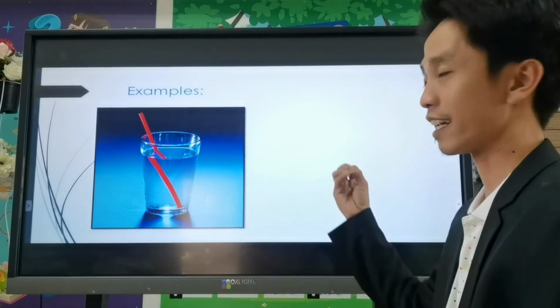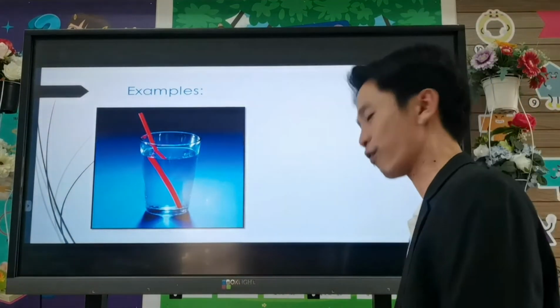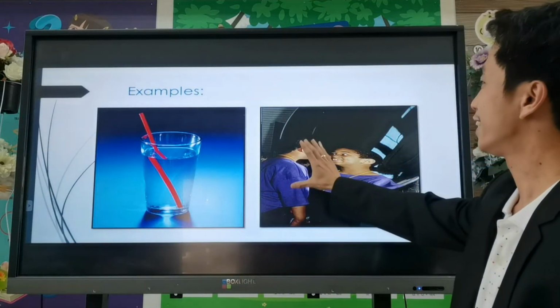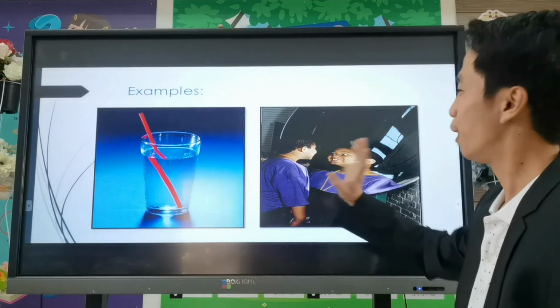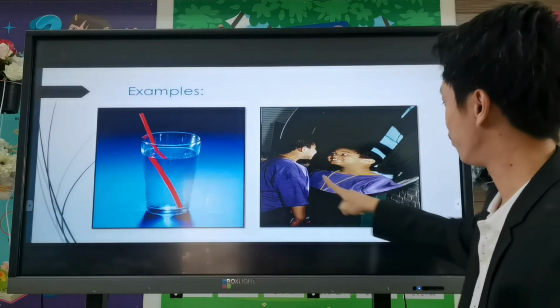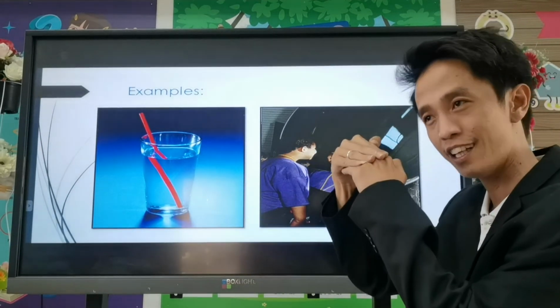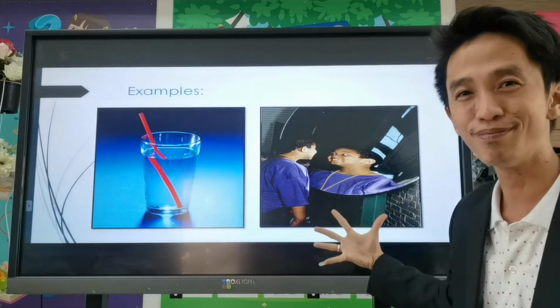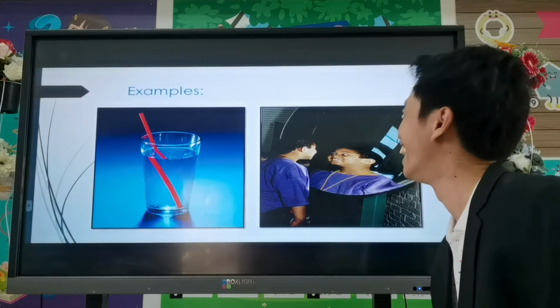That is an example of refraction of light. Next, this one, the guy is small, but when he faces the concave mirror, his face becomes really big.